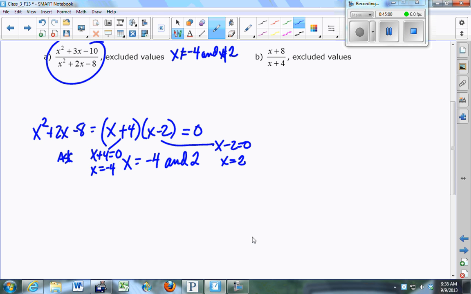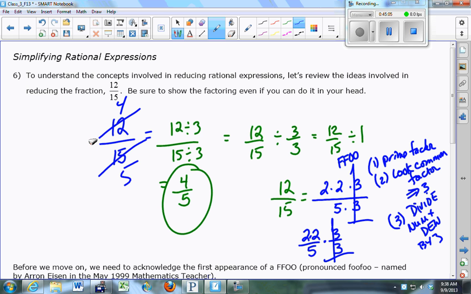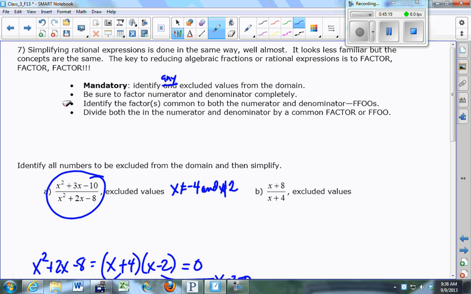Now, if all you thought of when you reduced regular old fractions was putting these slashes, looking for things that were the same, without this concept that they're factors, that it's multiplication, you're going to make a really big mistake.